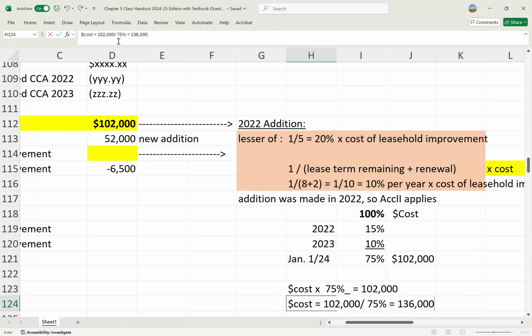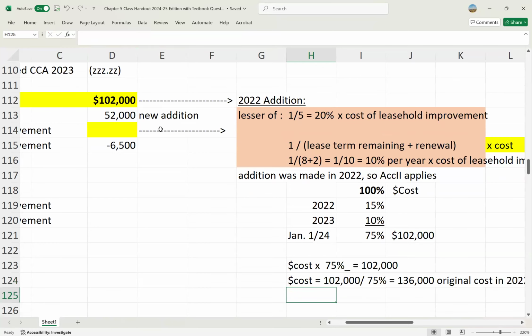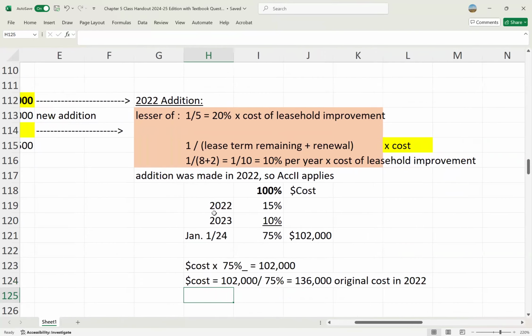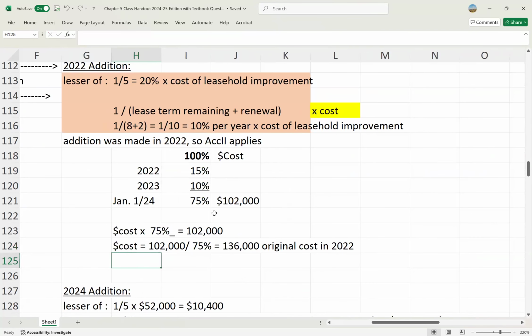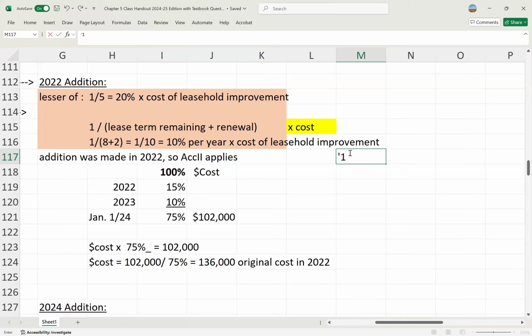That was the original cost in 2022 when we made those leasehold improvements. And what we can do is see if that in fact was right. So if we go back to our formula here, the lesser of 1/5 or 1/10, the lesser would have been 1/10 times the original cost, 136,000.